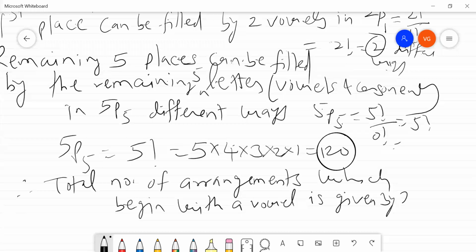So it is 2 into 120. So the answer is 240. That means 240 different arrangements are possible which begin with a vowel.